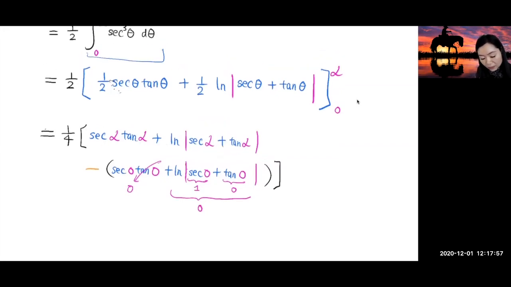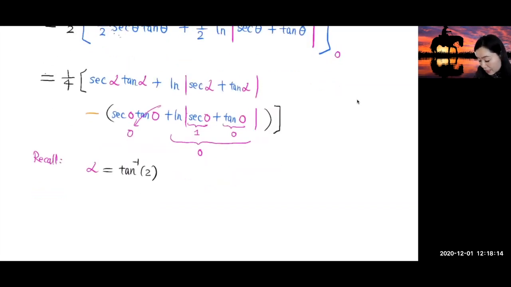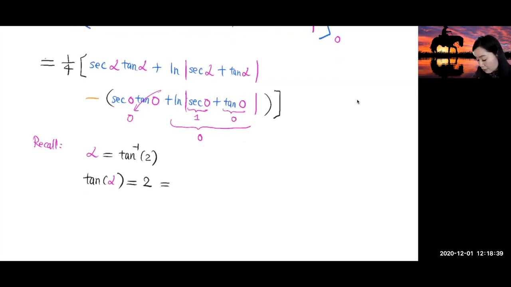Remember, we called that alpha. Alpha is inverse tangent of 2, which means tangent of alpha is equal to 2, which is the same as 2 over 1.